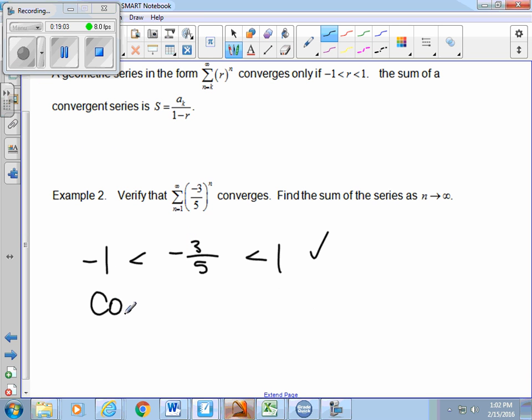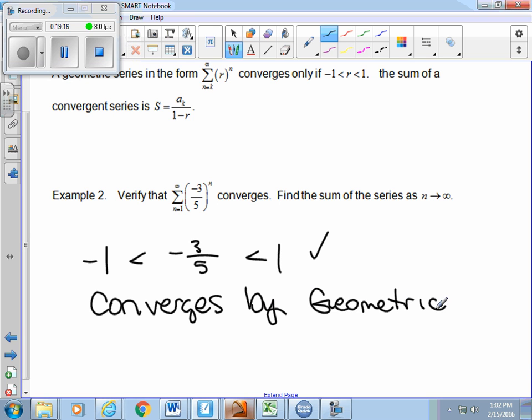And if this were justification on an AP exam, you'd say by geometric series, because -3/5 is between -1 and 1.